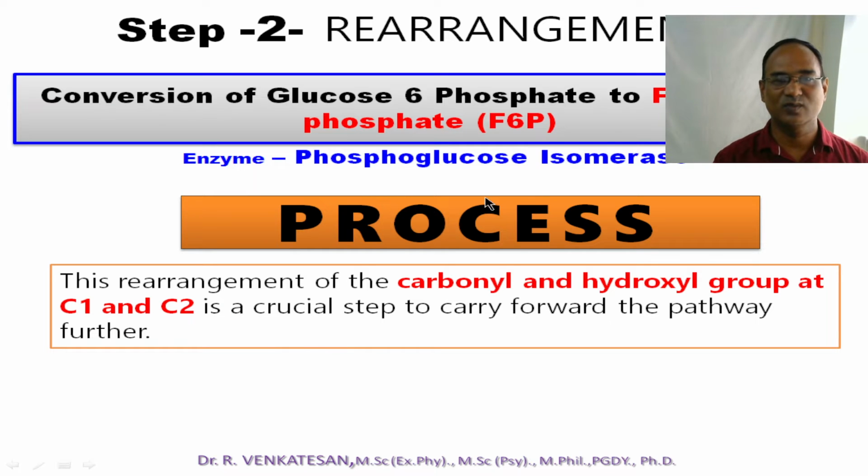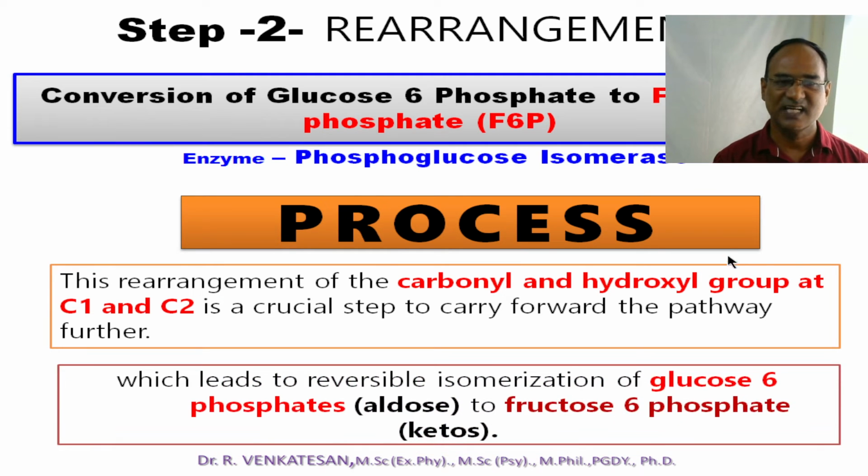For that change only, glucose 6-phosphate can be converted into fructose 6-phosphate, which leads to reversible isomerization of aldose into ketose, or glucose 6-phosphate into fructose 6-phosphate.